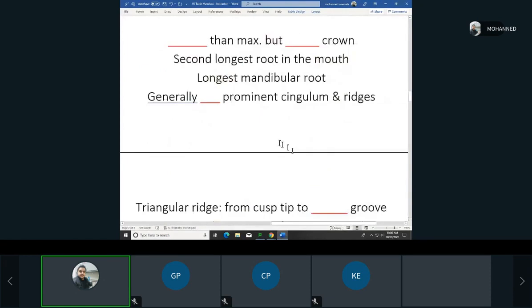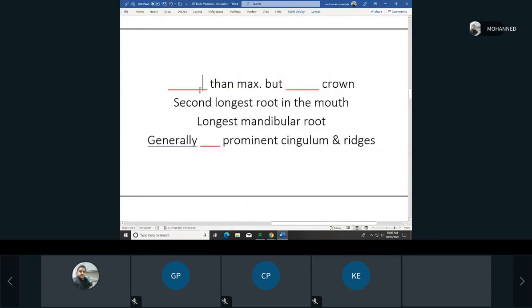Okay, the mandibular canine is smaller but has a longer crown. It has the second longest root in the mouth, the longest in the mandible, and generally a less prominent cingulum and ridges.